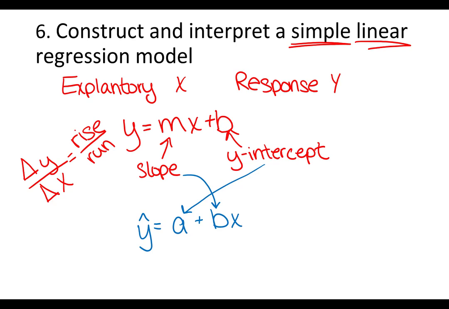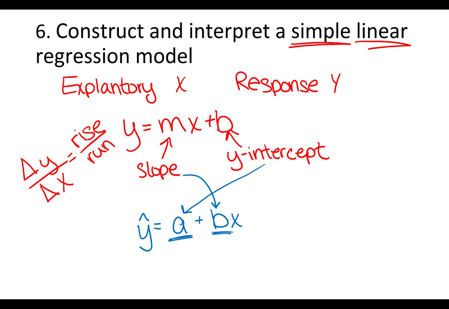The y here has a hat because it's a predicted y value. Putting a hat on something means that it's predicted or estimated. The y-intercept is always going to be the value sitting by itself, and the slope will always be the value attached to x.